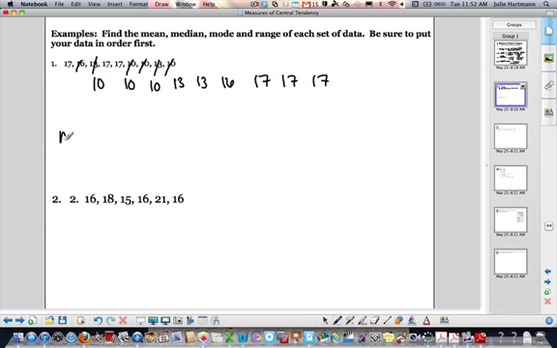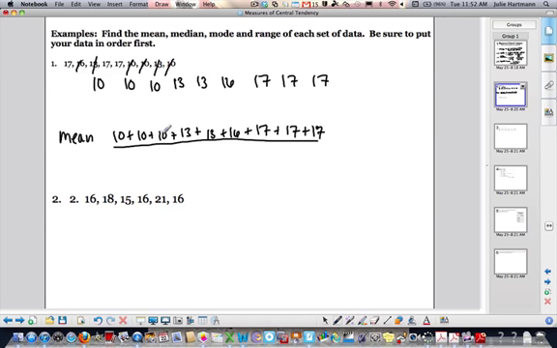So the mean, you add them all up. 10 plus 10 plus 10 plus 13 plus 13 plus 16 plus 17 plus 17 plus 17, and we're going to divide that by 1, 2, 3, 4, 5, 6, 7, 8, 9. So you can do out that calculation.